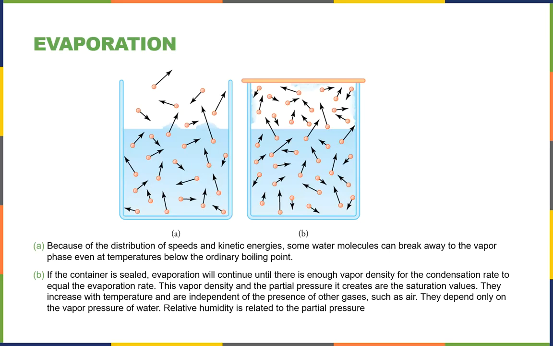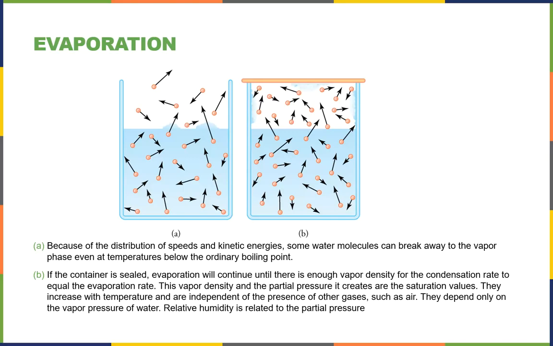In terms of temperature, are those the hotter molecules or the cooler molecules? The hotter ones. So when you have evaporation, only the hottest molecules escape. The coolest ones remain. So what's going to happen to the average kinetic energy if you lose your highest kinetic energy molecules? It's going to decrease, which means that the temperature decreases.